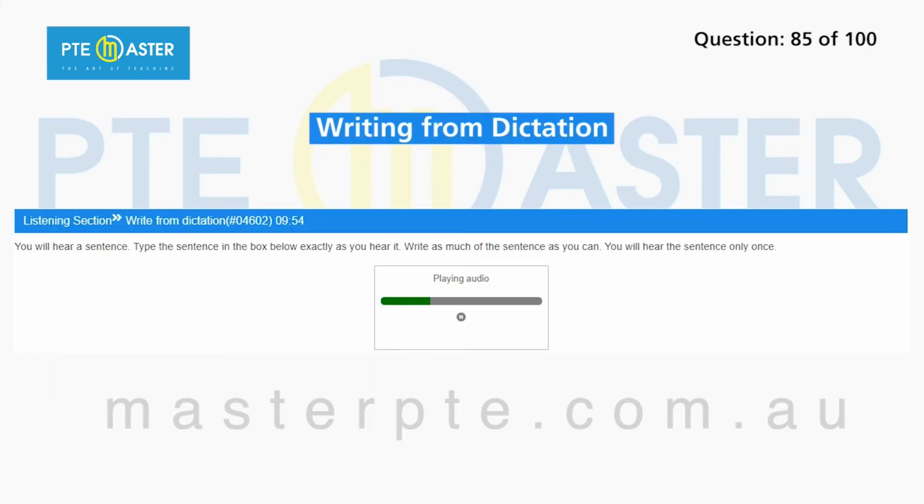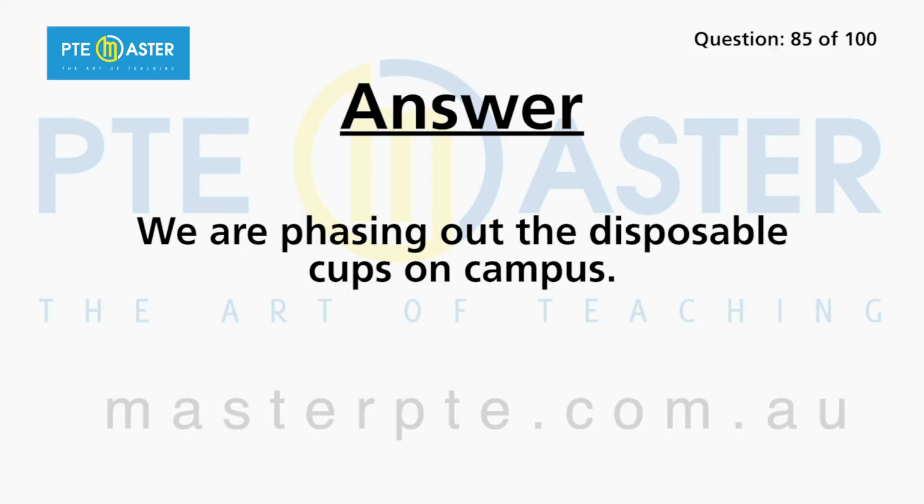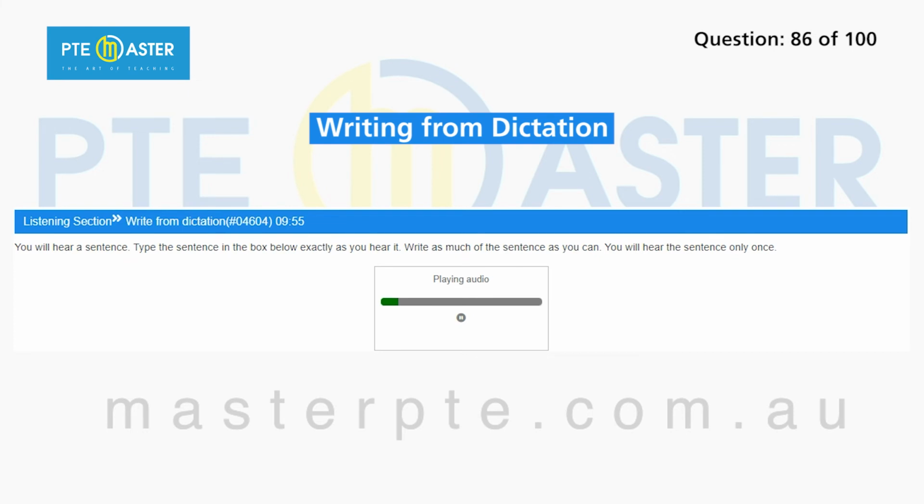We are phasing out the disposable cups on campus. The program must be conducted abiding by general regulations.